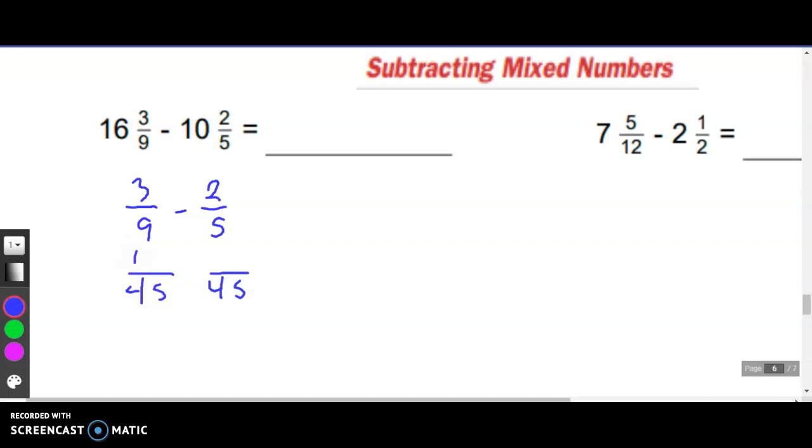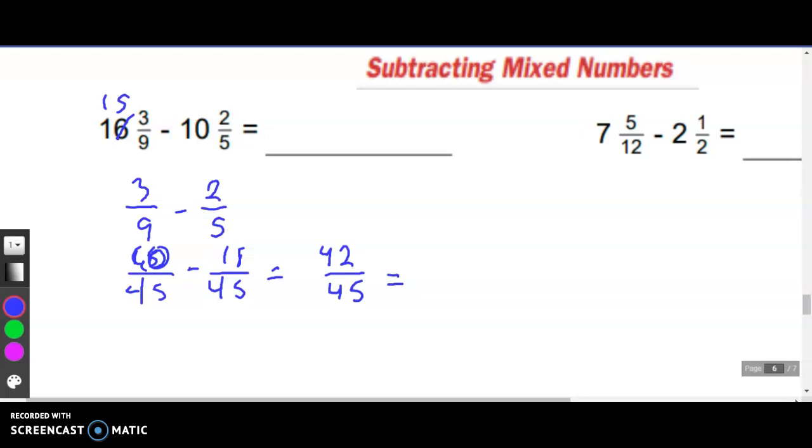So we do 5, this is 15, and then this is times 9, and so this is 18, and we can't do 15 minus 18, so we borrow from the 16, it becomes a 15, we add the top and the bottom together, or we add another 45/45 to 15/45, and we get 60. Now we have 60 minus 18, which is 42 over 45, which can be reduced.